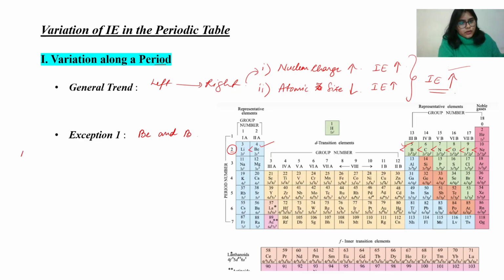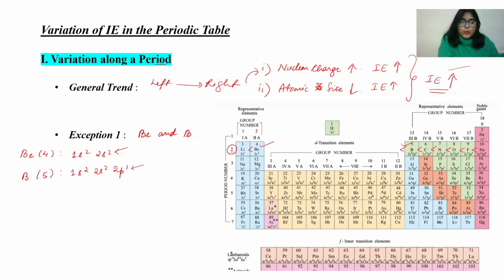Let's see their electronic configuration. Beryllium, atomic number 4, is 1s2, 2s2, right? Then boron, atomic number 5, the electronic configuration is 1s2, 2s2, 2p1. So here the valence electron is in 2s orbital, and here it is in 2p orbital.